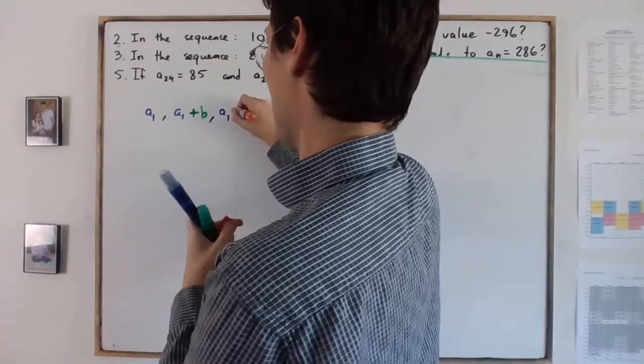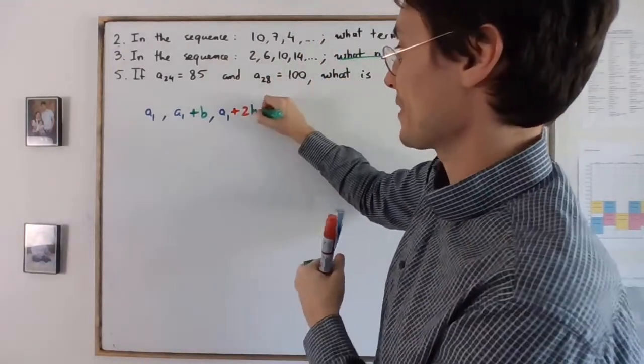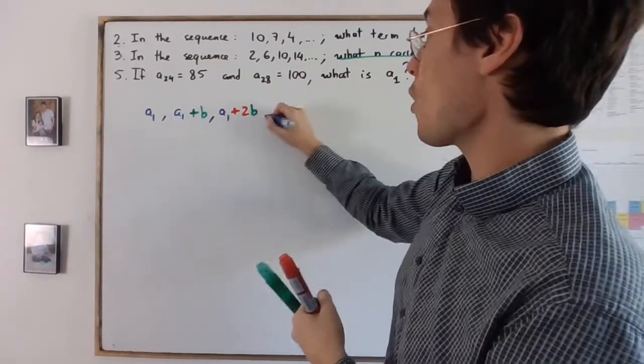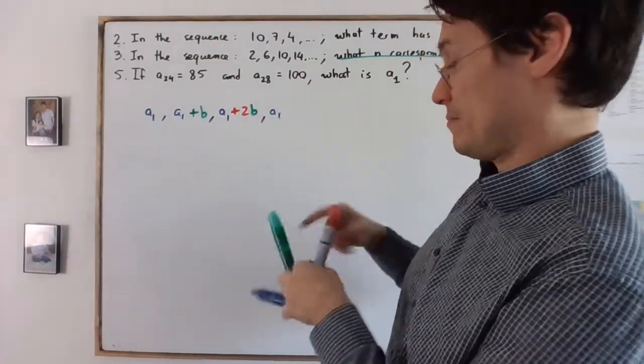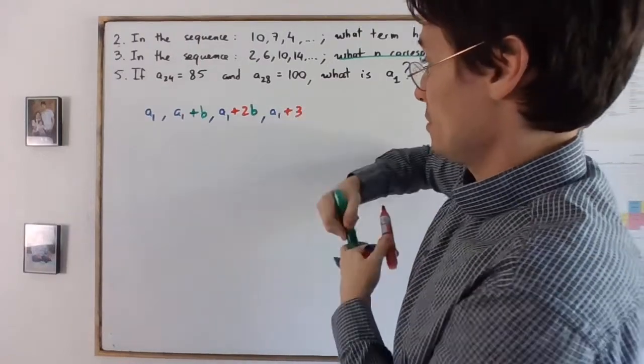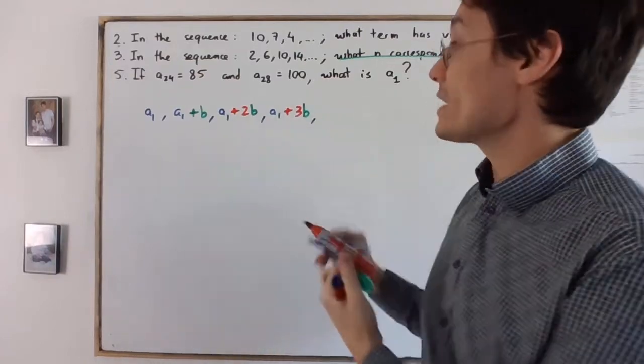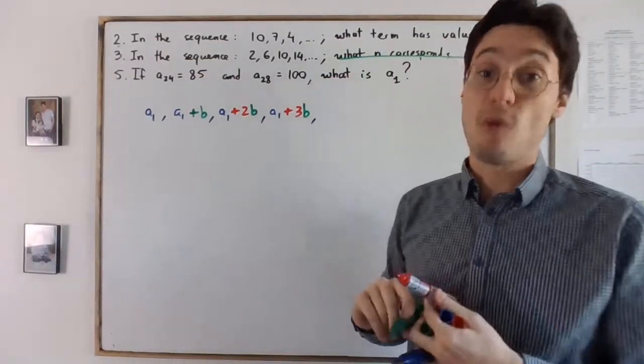And actually, I'm going to do the same thing as I did before. Then A1 plus 3B. So in other words, I'm writing an arithmetic sequence in its most general form.